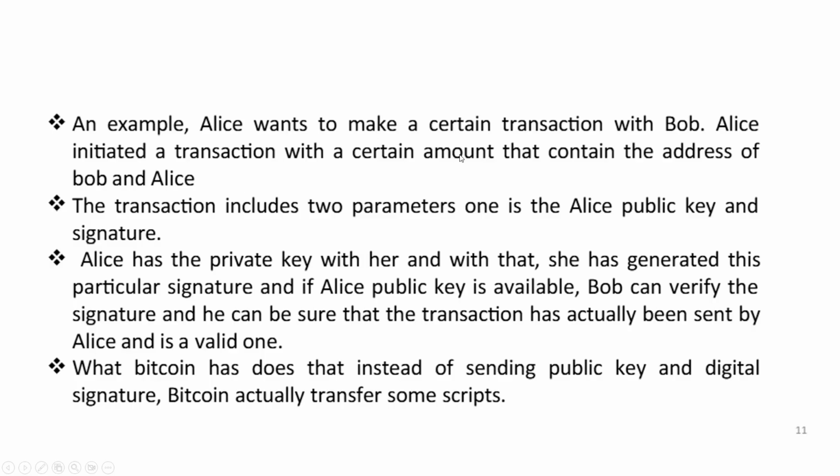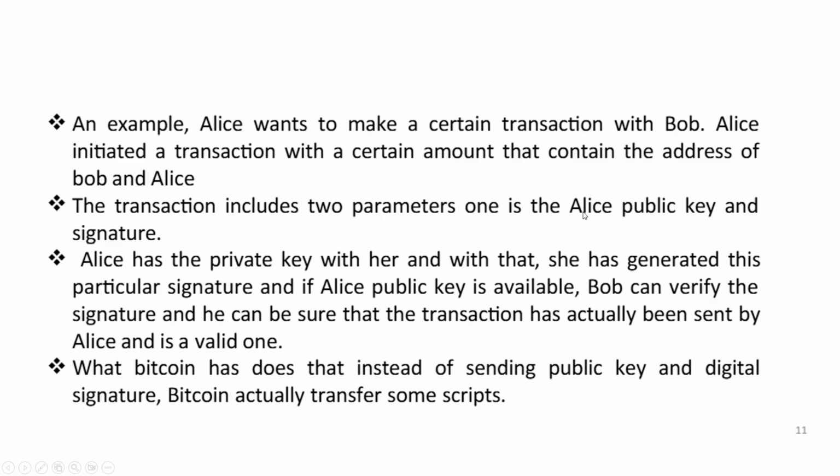Now we'll see what all components come here. For example, if Alice wants to make a transaction with Bob, Alice is initiating a transaction with a certain amount that contains the address of Bob and Alice, similar to sending a mail. I compose a mail from my mail ID to my friend's mail ID, from my bank account to my friend's account, as simple as it is.